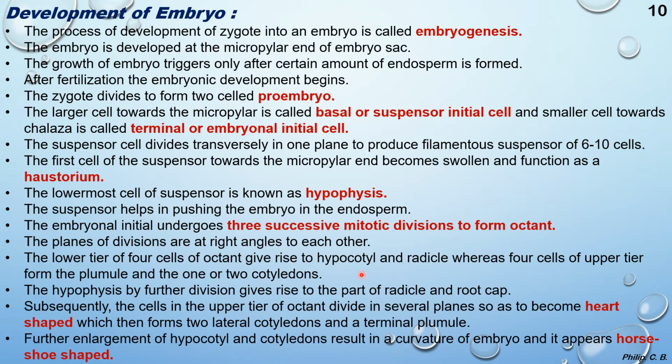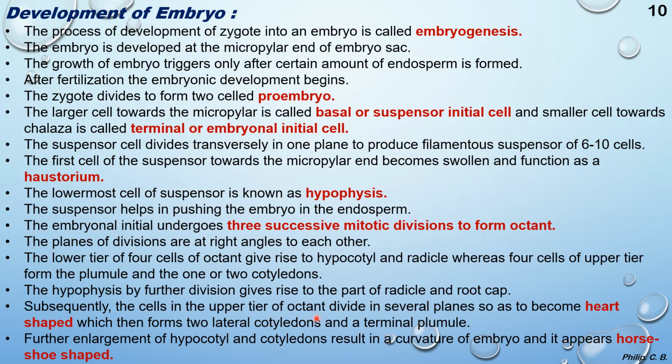So as we see the formation of 8 cell stage, the 4 cells which forms the radicle and the hypocotyl, whereas the remaining 4 cells on the upper tier forms the plumule. As we know, this plumule forms the shoot and further the stem, and there may be 1 or 2 cotyledons depending on the type. Then the hypophysis by further division gives rise to part of radicle and root cap.